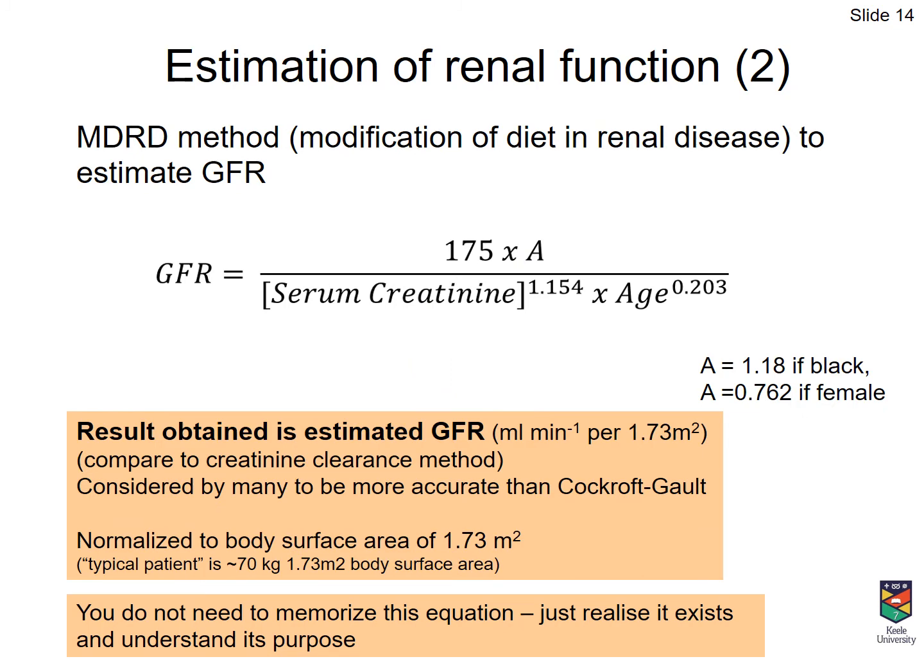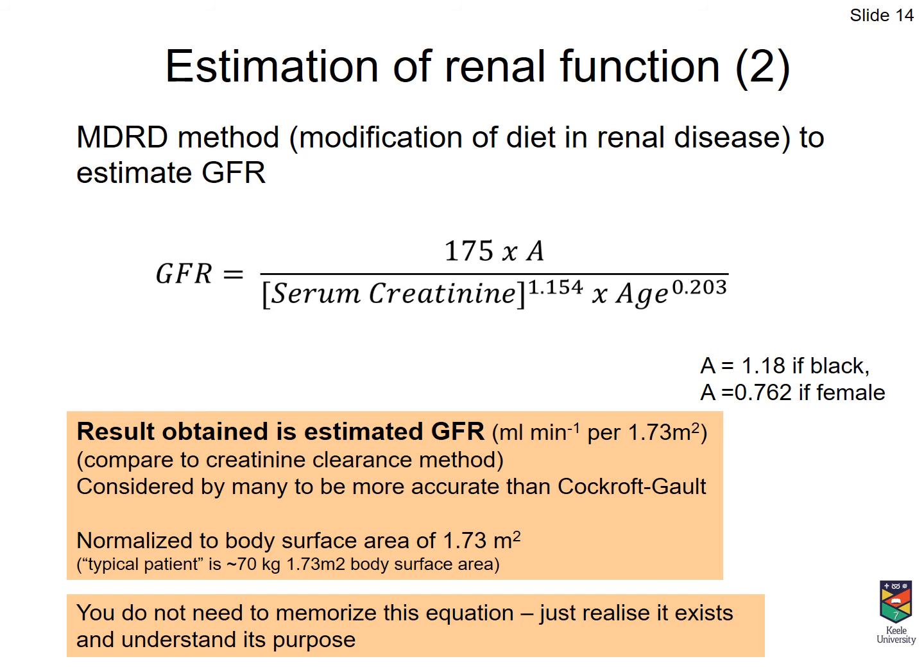Now there's another equation for estimating renal function, and that's called the MDRD method. MDRD stands for modification of diet in renal disease. It's subtly different to the Cockcroft-Gault equation because this actually gives you the glomerular filtration rate of the kidney, whereas the Cockcroft-Gault equation gives you creatinine clearance.